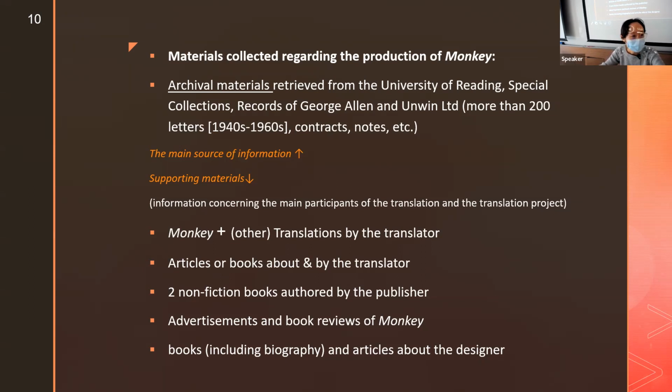And when I realized that, I needed to go back and look for the materials regarding the designer again. And depending on the case of the study, there may be other sources that could provide information concerning the production and dissemination of the translation. And I think the basic principle is to collect as much data as possible using appropriate methods.